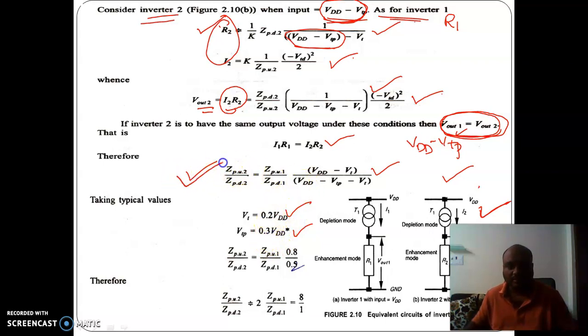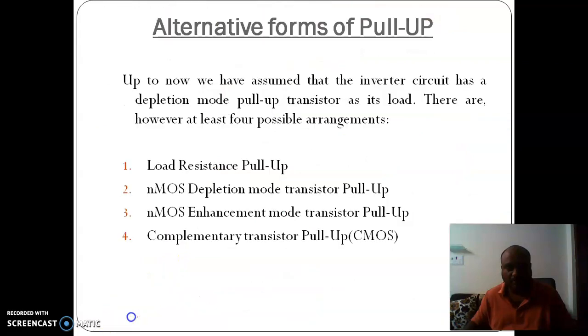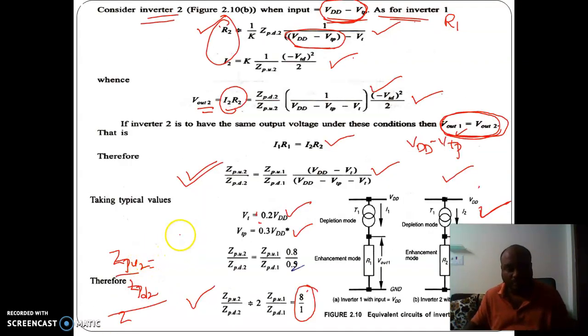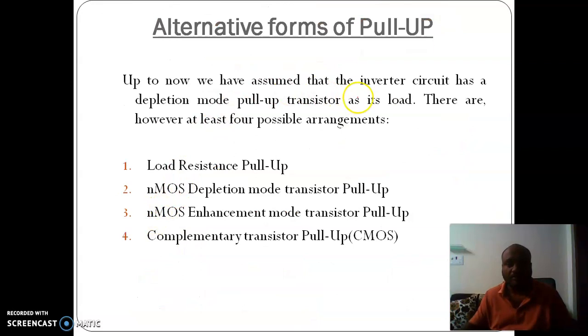Substituting them in this equation, we get the ZPU by ZPD ratio as 2 times the ZPU1 by ZPD1 ratio, that represents 8 by 1. So because of the pass transistor, the ratio has changed to 8 by 1 instead of 4 by 1.